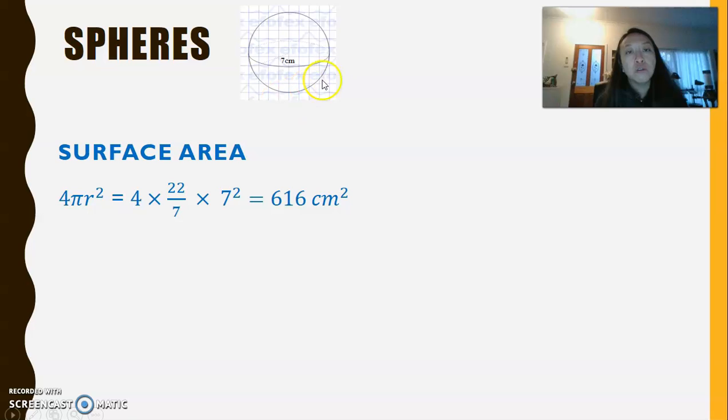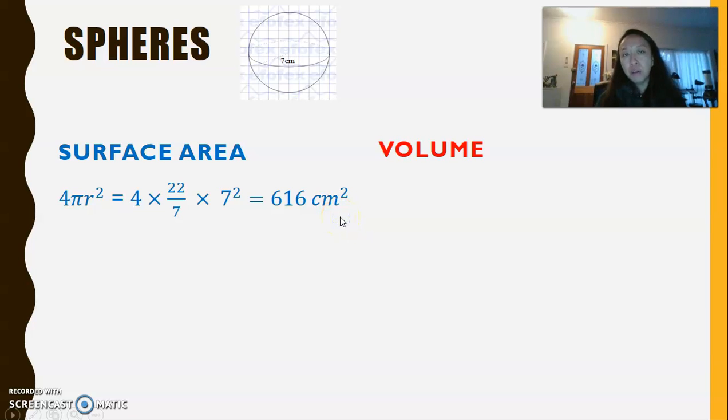So in order to find the surface area of this particular sphere, we put 4 times pi, which has a value of 22/7, times 7 squared, which is 616 centimeters squared. Because this is area, I've set my unit to be centimeters squared.